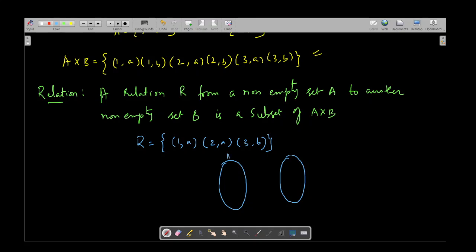This is my set A and this is my set B. This is 1, 2, 3, and we have A and B. According to this relation from A to B, 1 is paired with A, 2 is paired with A as well, and 3 is paired with B. So this is one representation of a relation.